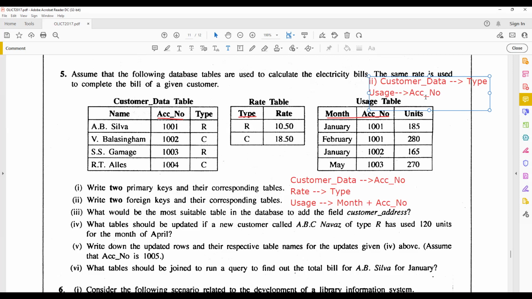Yes, it should be the customer data table, isn't it? Yes, because customer name is already there. So customer address could be added there. So the answer for the third one is customer data. So you have to use customer data.